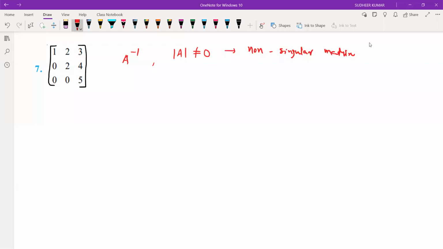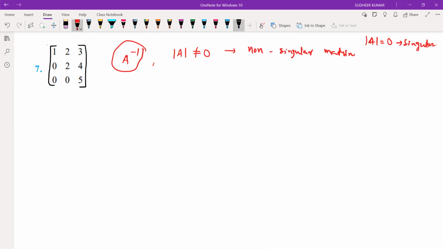Suppose det A equals 0, that is called a singular matrix. So we have to verify two cases, whether it has infinite solutions or no solutions. That we'll discuss later. So first let us find A inverse if det A is not equal to 0.